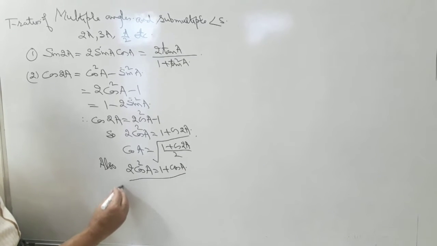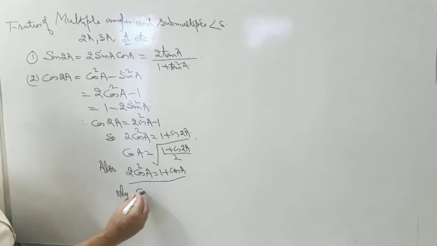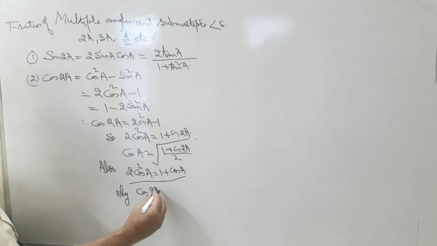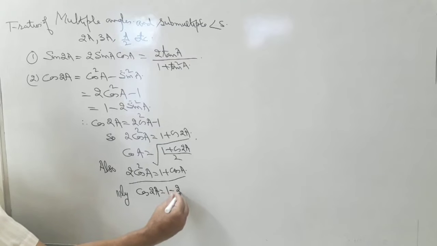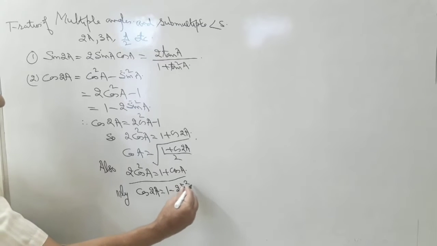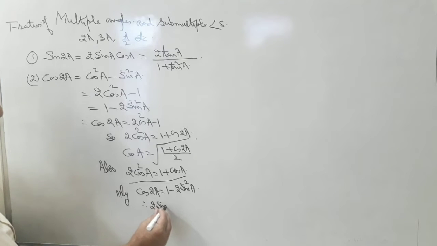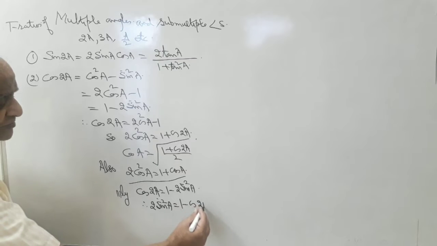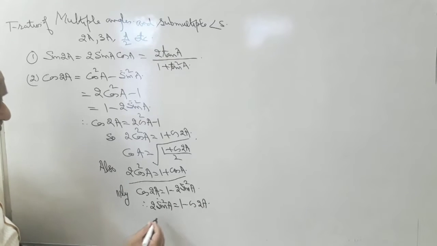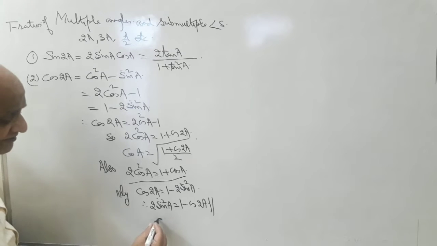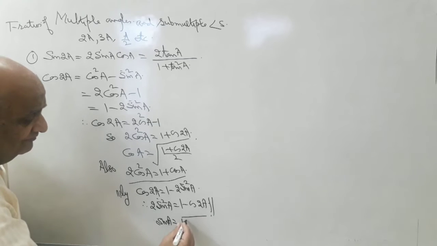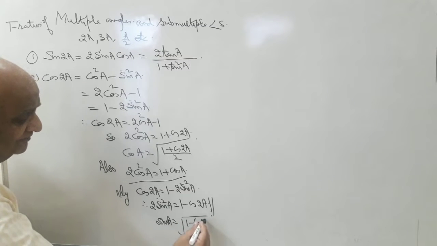Similarly, we have cos 2A equal to 1 minus 2 sin square A, and therefore 2 sin square A is equal to 1 minus cos 2A. This is again in the form of a corollary, you can remember it. Or you can say that sin A is equal to under root of (1 minus cos 2A) upon 2.